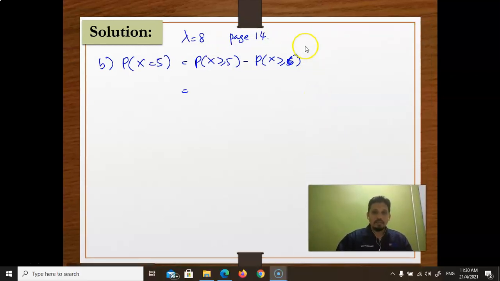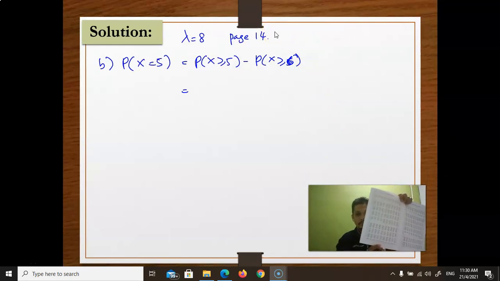On page 14, with lambda equal to 8 and r equal to 5, the value is 0.9004, and for 6 it is 0.8088.